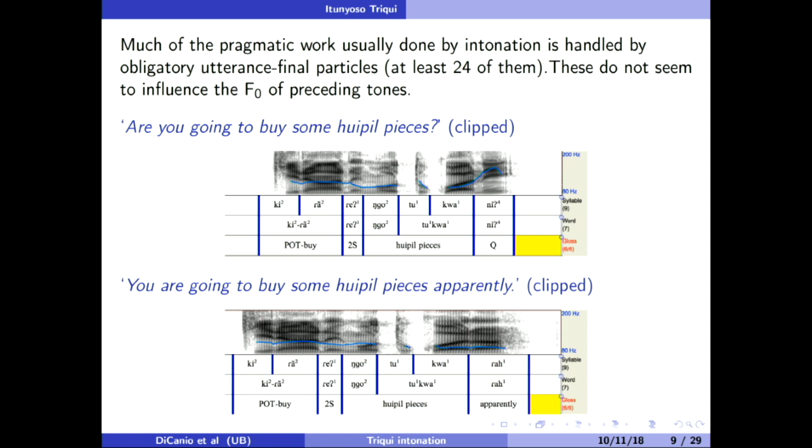A huipil is the dress that a woman wears, and she could buy pieces of it, let's say. There's a final question particle, ni, and then there's also a final particle that means something like apparently, or they say you're going to do this, and that's ra. And so they importantly have different tones. One's the highest level, 4, one's the lowest level, 1.